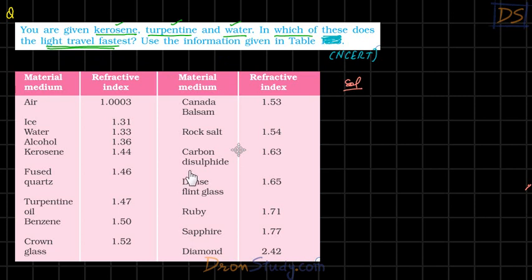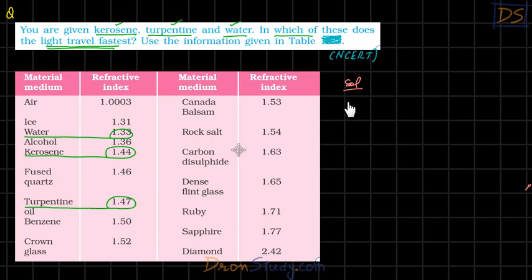Use the table below. See, the refractive index of kerosene is 1.44. The refractive index of turpentine is 1.47, and the refractive index of water is 1.33. So we know the refractive index of these three, and we have to comment about the speed of light in them.